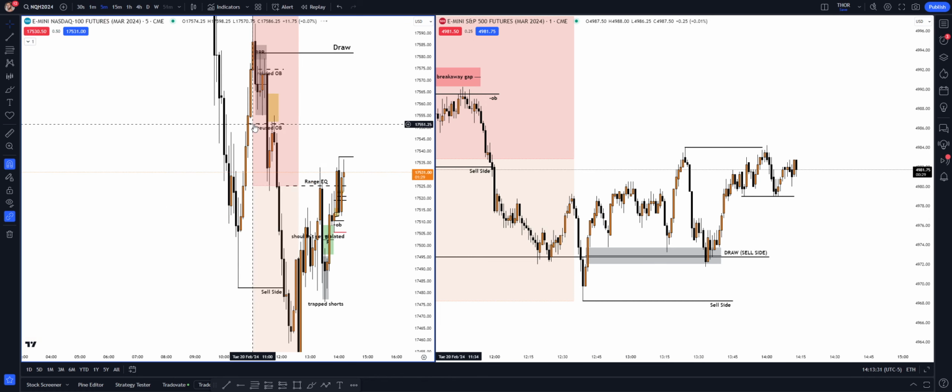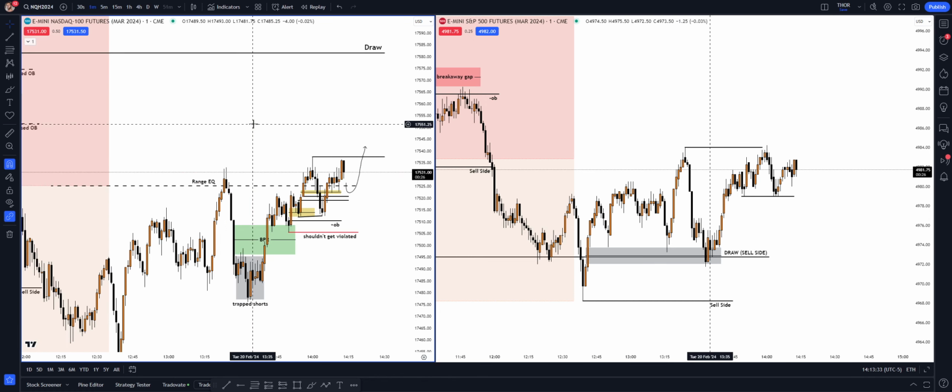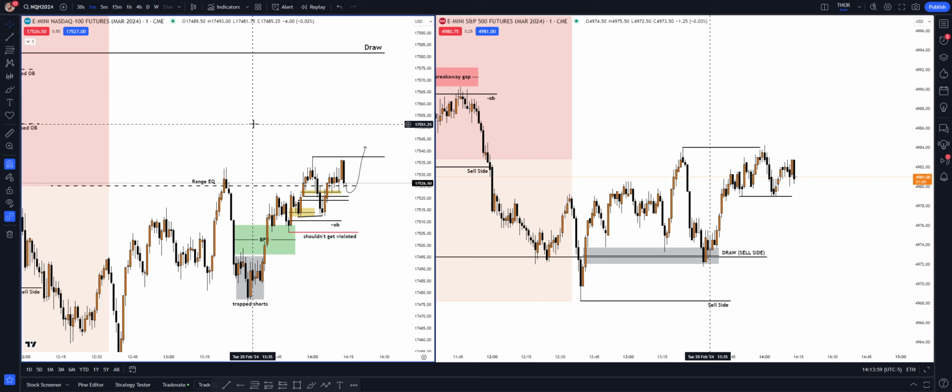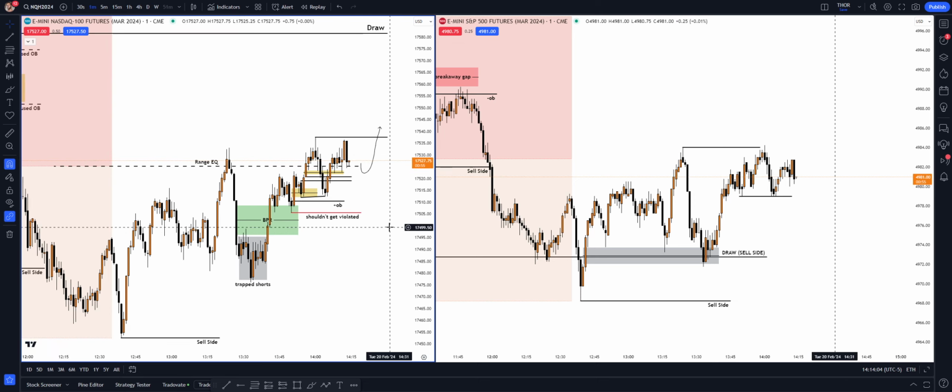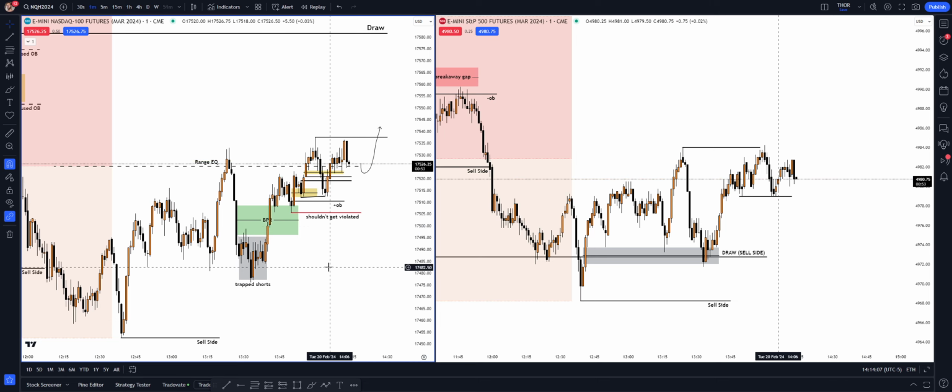Oh, rejection block there. There's literally nothing executable here.